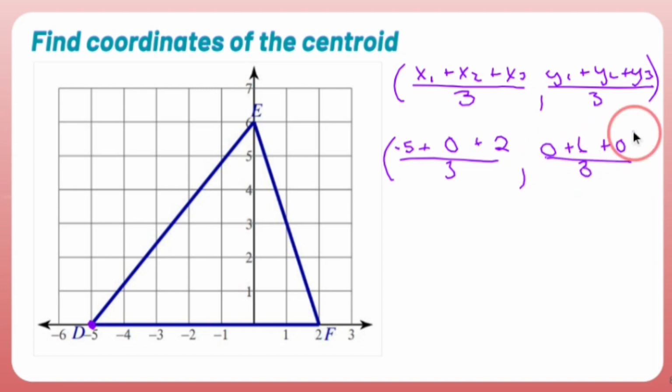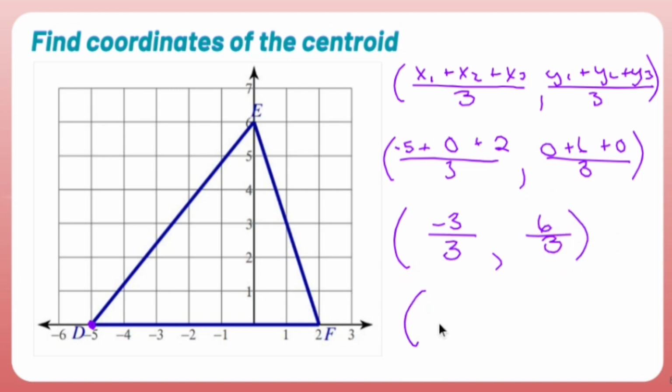Divide by 3. Negative 5 plus 0 plus 2 is negative 3 over 3. 0 plus 6 plus 0 is 6 over 3. Negative 3 divided by 3 is negative 1. 6 divided by 3 is 2. And that's my answer: (negative 1, 2).